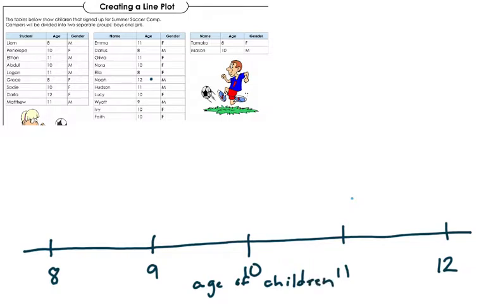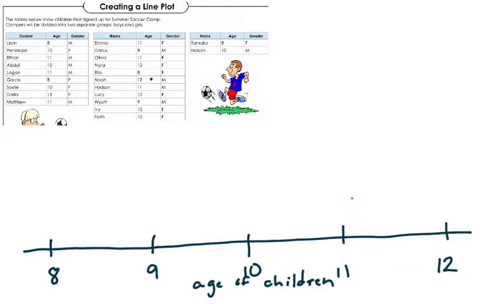And now we're going to go ahead and give this line plot a title. Let's just combine the soccer camp rather than doing this 2 different times, because you'll get some practice on IXL doing the same skills. So let's call it summer soccer camp.